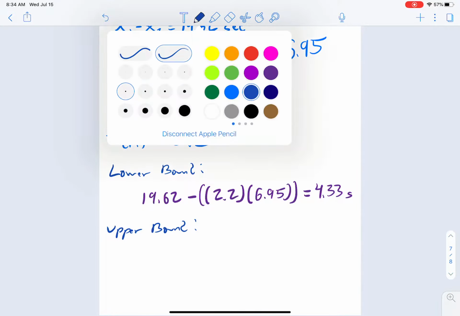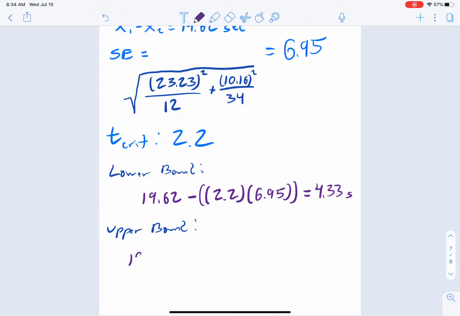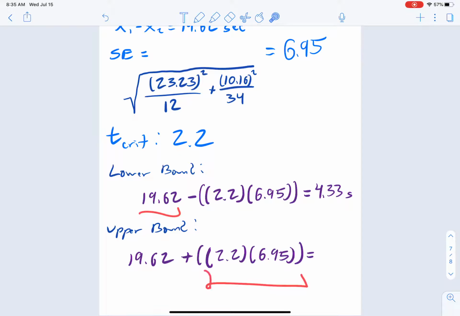same deal, we're just adding though. So it's 19.62 still, plus 2.2, right? I'm kind of drawing the parentheses out here, just so you can see how the order of operations goes, right? We multiply these two together first and then subtract, or multiply these together and then add.